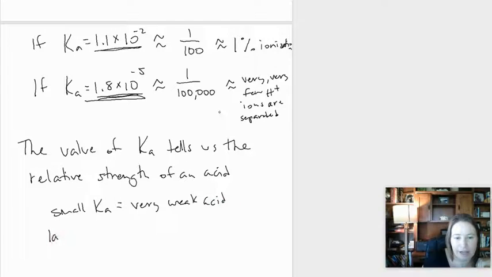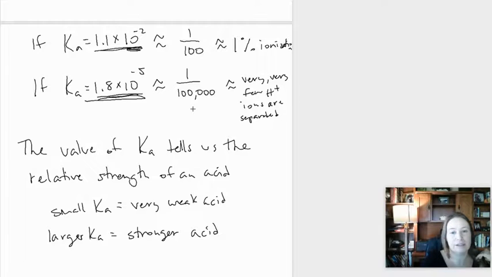A large Ka, relatively, so we're not talking about 10 to the positive 6th, but something that's larger, equals a stronger acid.